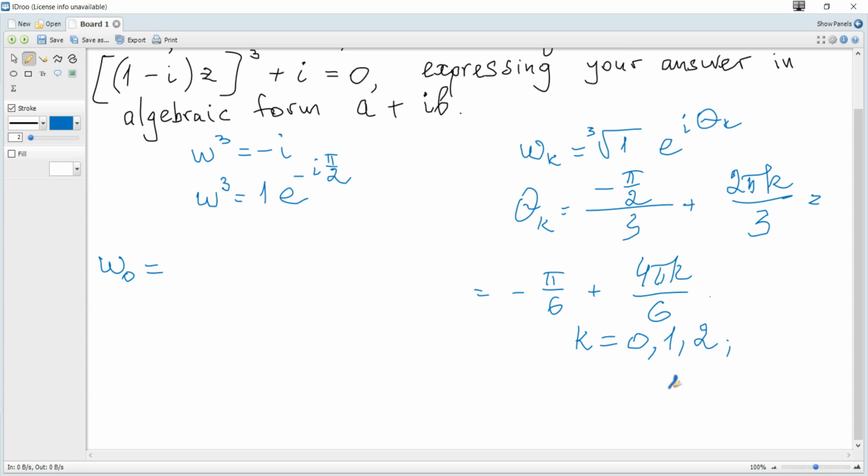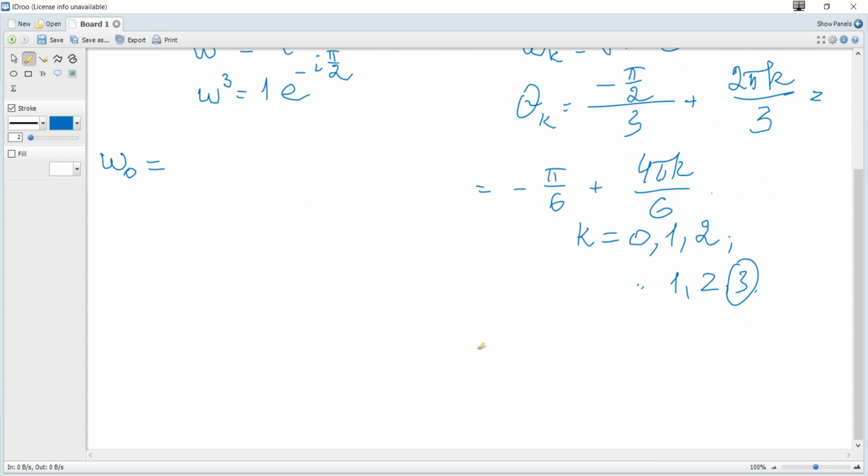Definitely you may consider 1, 2, 3, but it will be the same but rotated by 360, and it may be required for arguments to be from 0 to 2 pi, from 0 to 360, and you may get this to be, for example, 390. But you remember that you can add or subtract any number of 360 or 2 pi, so it's the same as 30 or something like that.